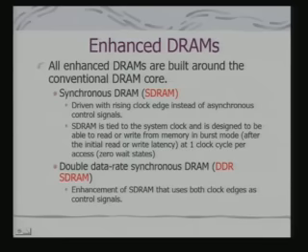An improvement on that is double data rate synchronous DRAM, an enhancement of SDRAM that uses both clock edges as control signals. The key feature you should note here is that data is being accessed in burst mode after initial latency. That means multiple data is obtained, so effectively you are accessing one data item per clock cycle.